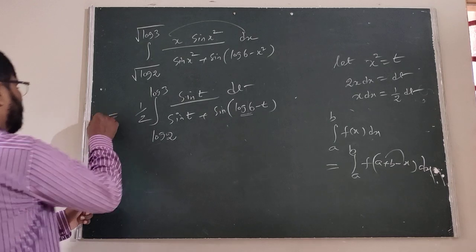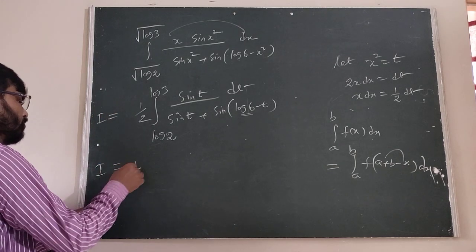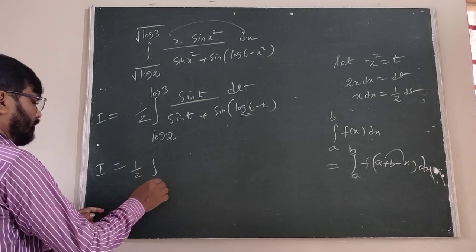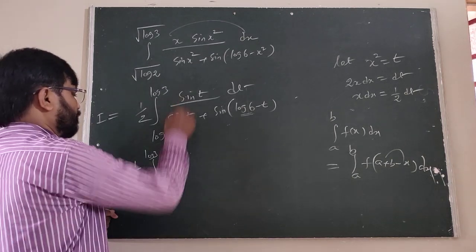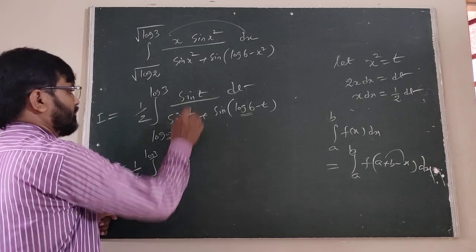That can be written as I equals 1 by 2 integral from log 2 to log 3. We write a plus b minus x.